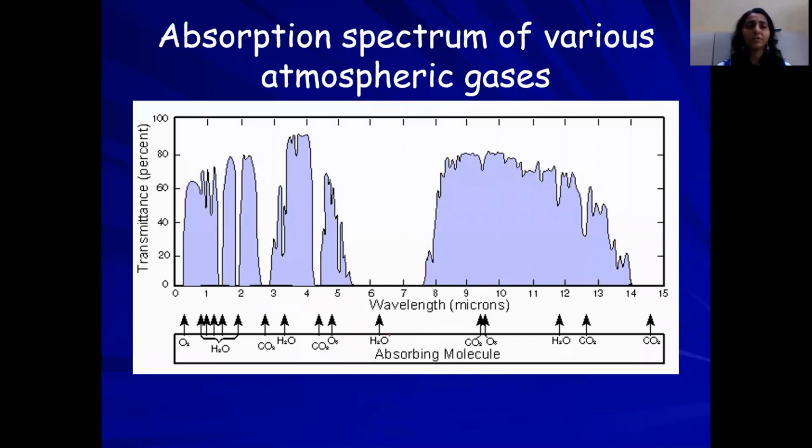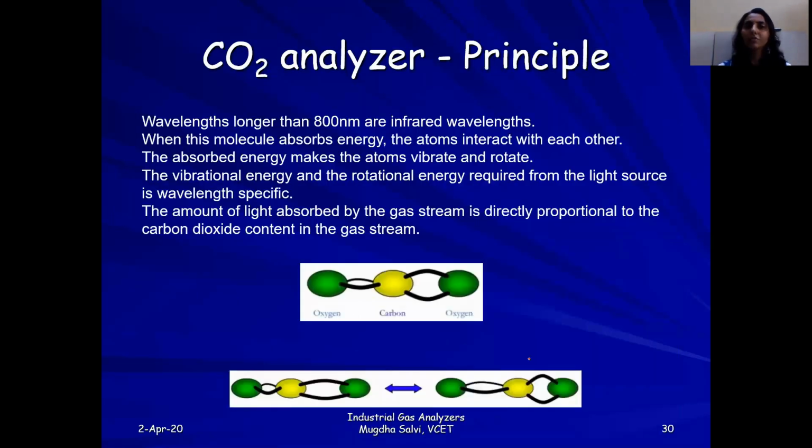Here you can observe oxygen, water, carbon dioxide, and carbon monoxide also. All these molecules give a very good absorption spectrum for infrared radiations. And so we use infrared for measurement of many gases, but it is majorly used for carbon dioxide measurements. So let us see how it can be measured.